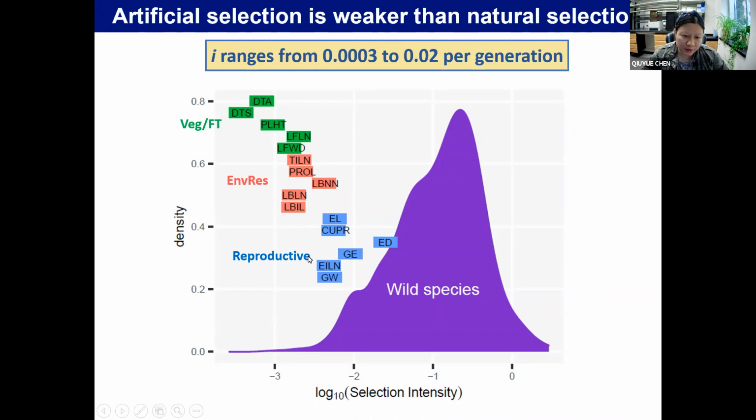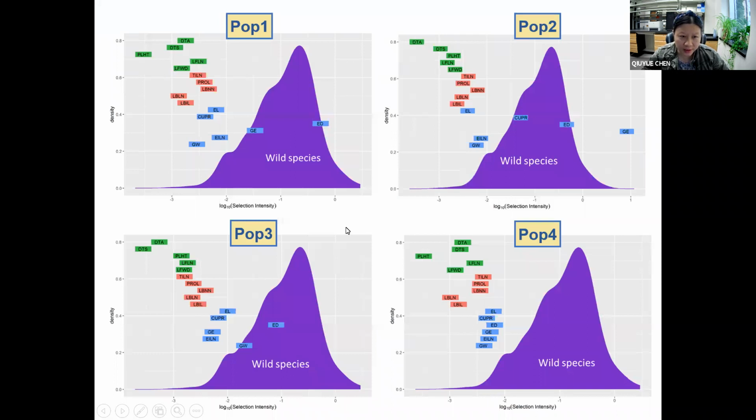And among the 3 trait groups, the reproductive traits show stronger selection than the other 2 groups. Again, we also calculated selection intensity in each individual pair of teosinte and maize populations, and basically got a similar result, but there is some variation. For example, in populations 1 and 2, some of the reproductive traits have very large selection intensity.